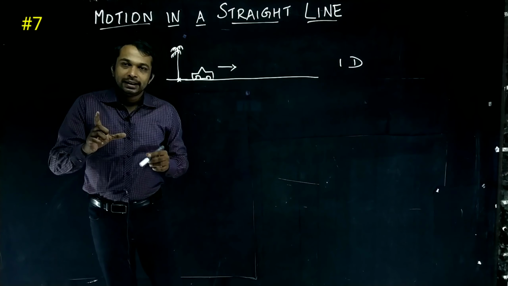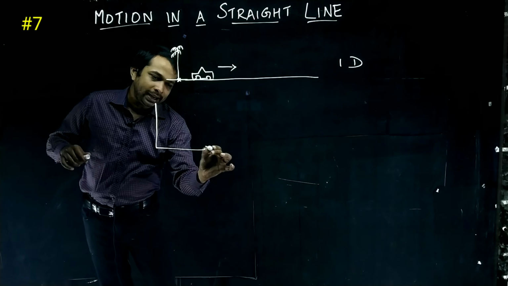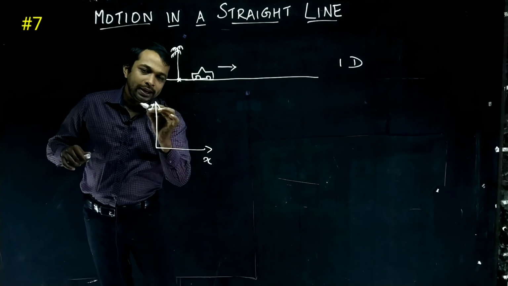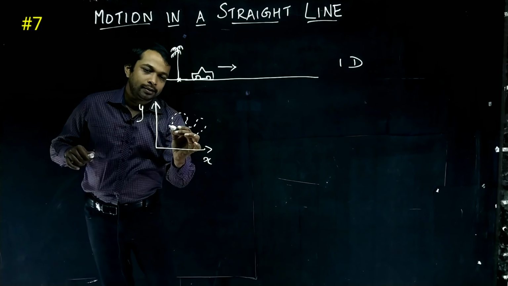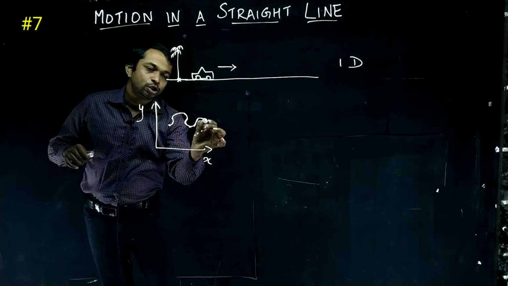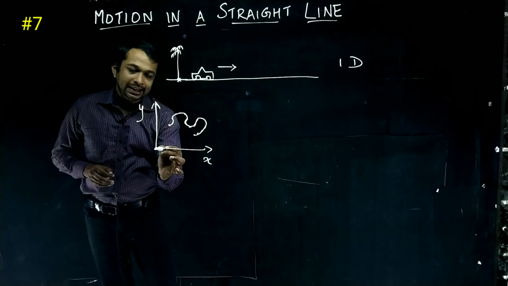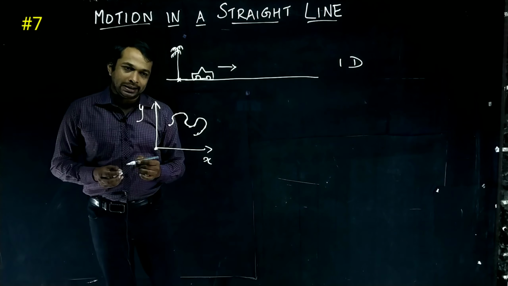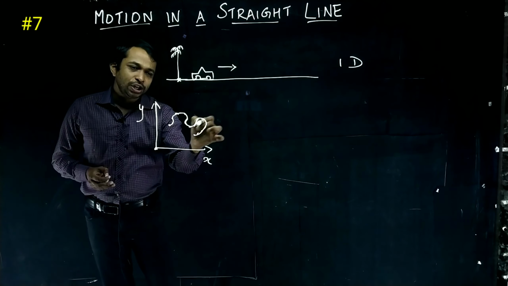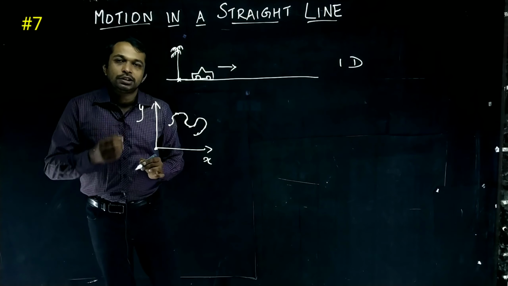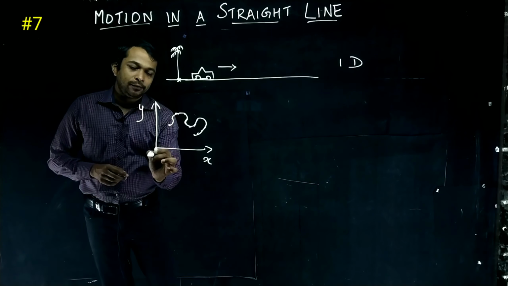So here the intersection point of this x and y axis is the reference point, and the insect is moving with respect to it. We can say that the position of that insect is changing with respect to this reference point, let it be O.